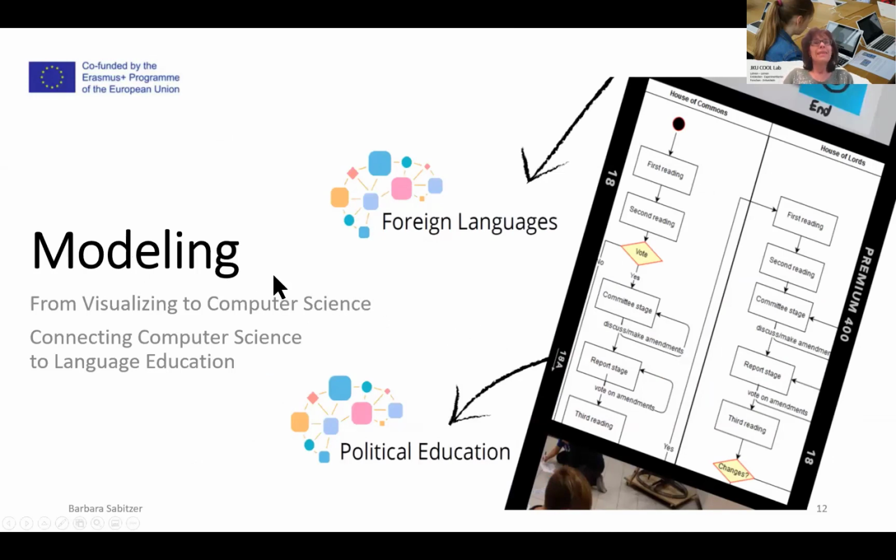Modeling is a language, as you know, and it is really perfect to be combined with languages, as you can see here in this diagram.